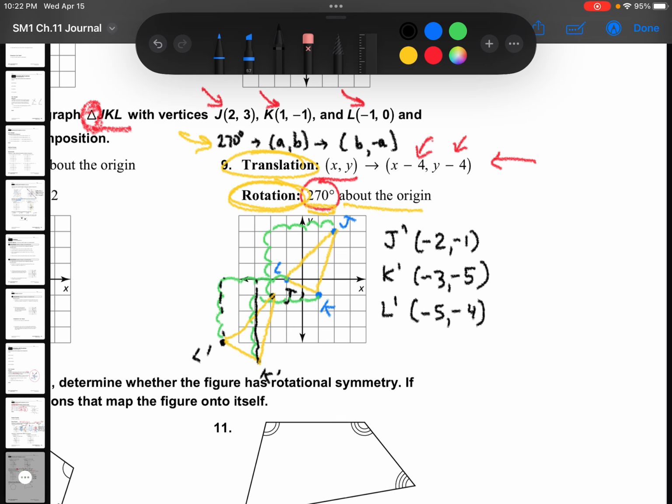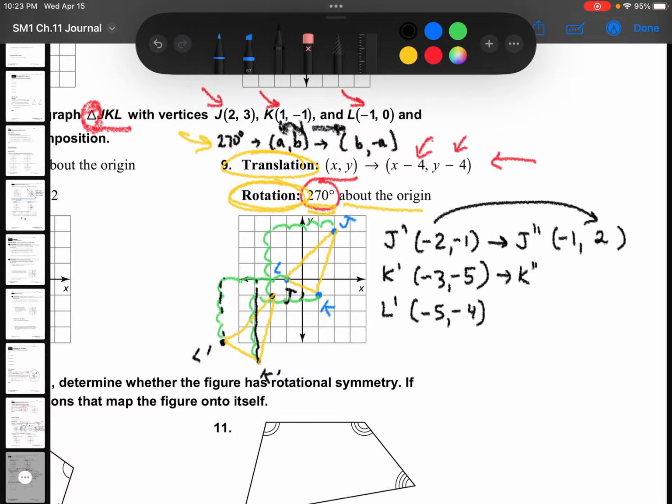Let's use the rule. The rule tells me that A, B are switched, but the one that switches sign is A. So J double prime is going to be at negative 1, and this negative 2 happens to be here, but switching sign, right? As a 2.